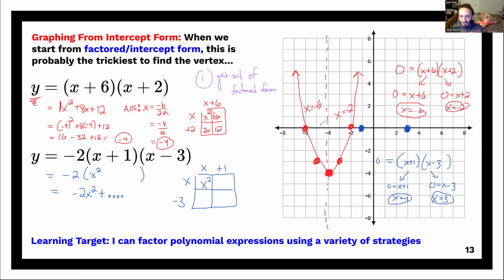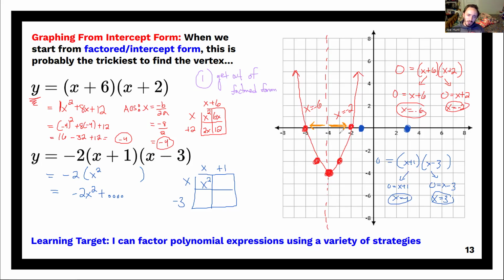If you take a look at how far away this first solution at -6 is from the axis of symmetry, or how far away the other solution at -2 is from the axis of symmetry, they're the same difference, right? So that means the axis of symmetry is halfway between the span of the distance between the two roots or the two solutions.